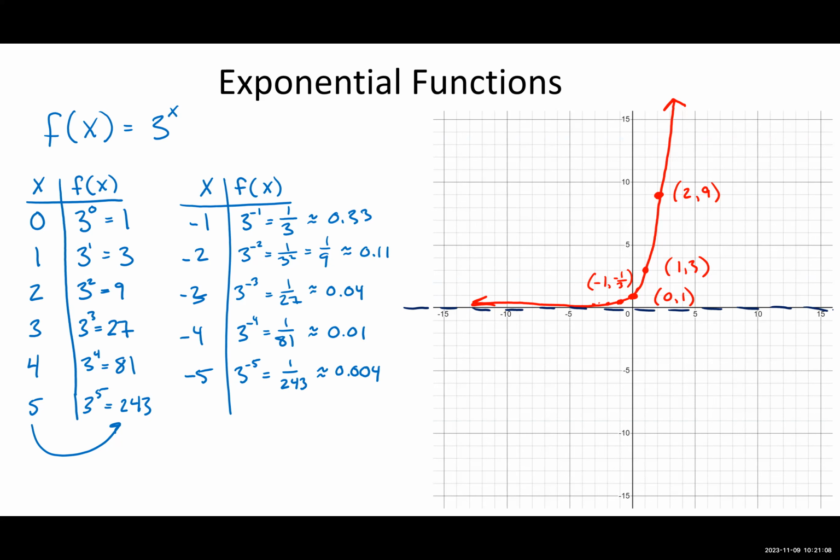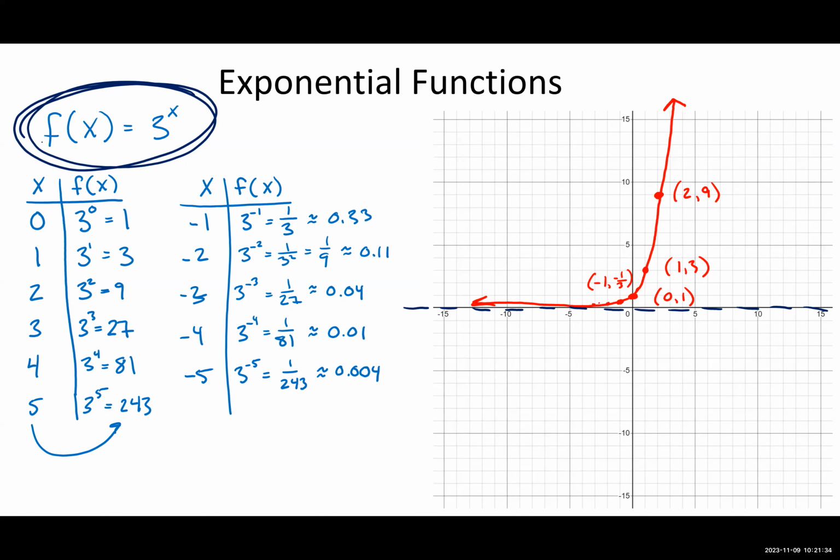The reason we have a horizontal asymptote, a leveling off of the graph, is because we're looking at the original function, 3 raised to a power. Anytime you take a positive number and raise it to an exponent, you're going to get a positive number back. The y values are never going to be 0. The y values are never going to be negative.